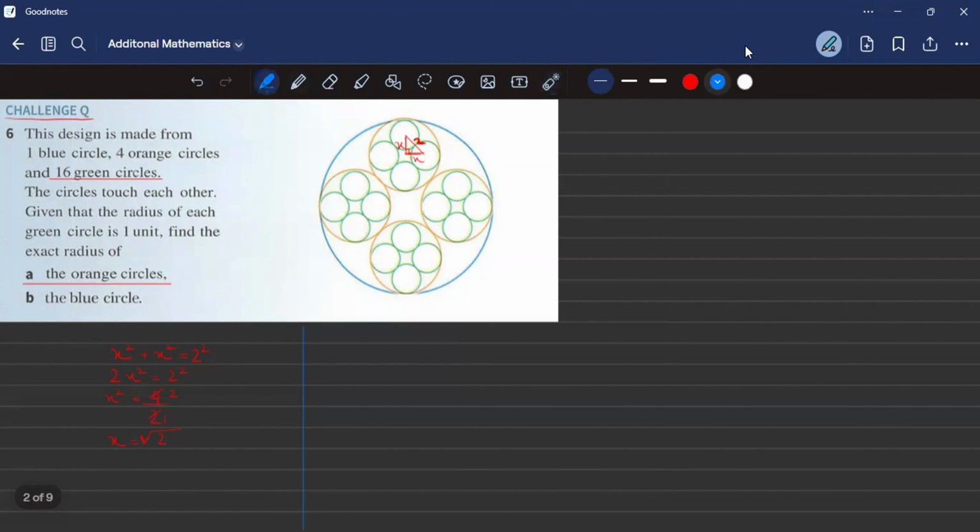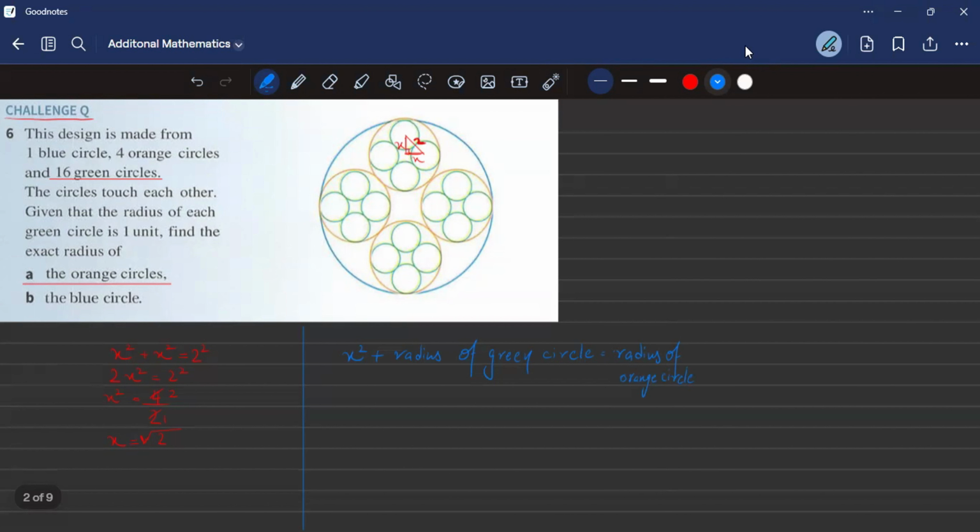So that's what we're going to say: x plus the radius of the green circle will be equal to the radius of the orange circle.